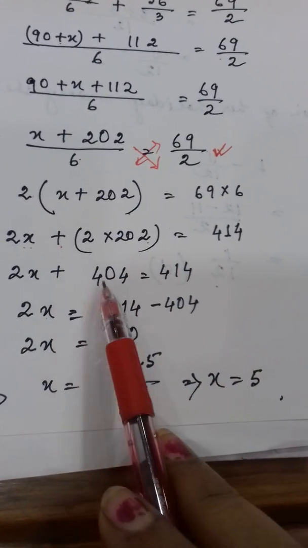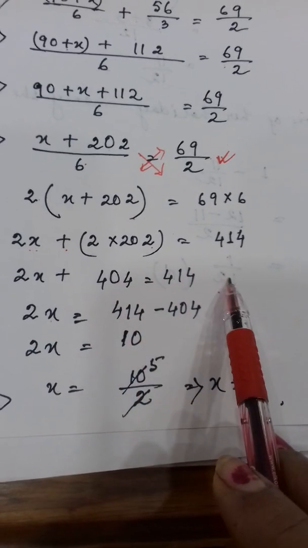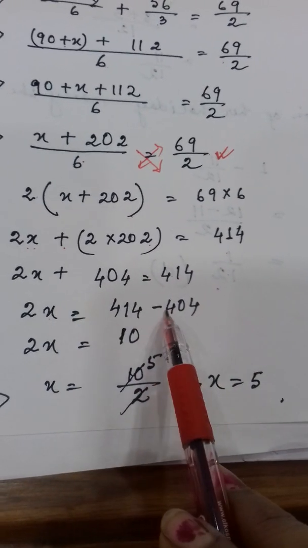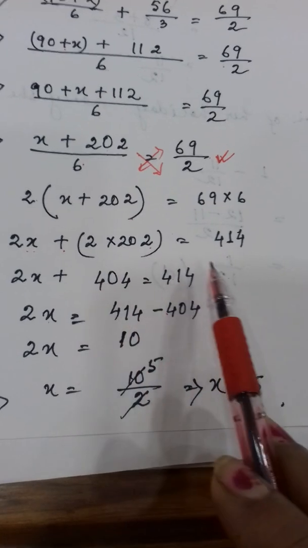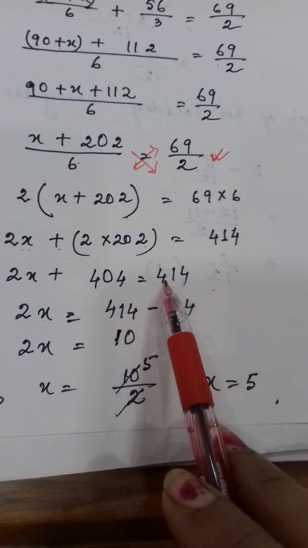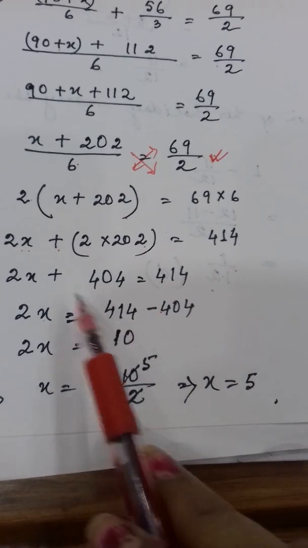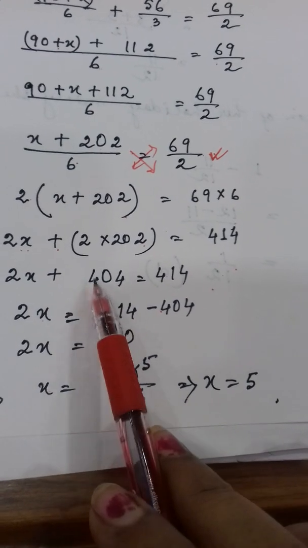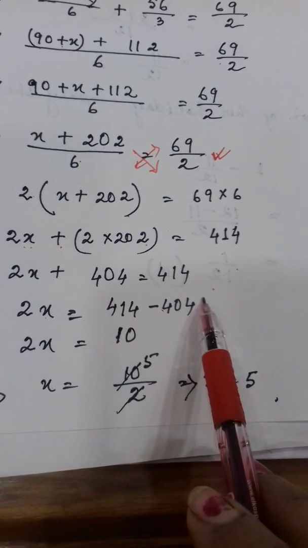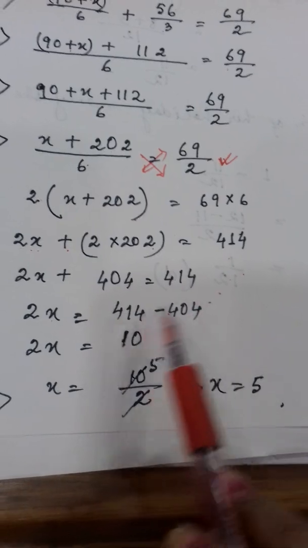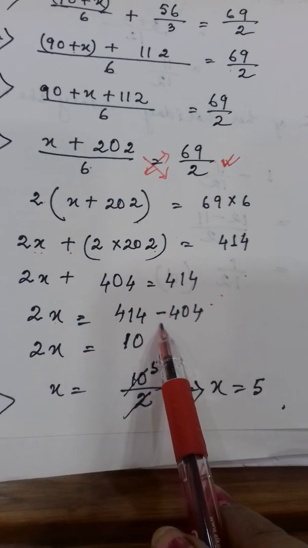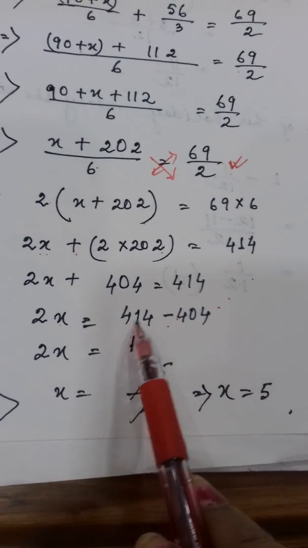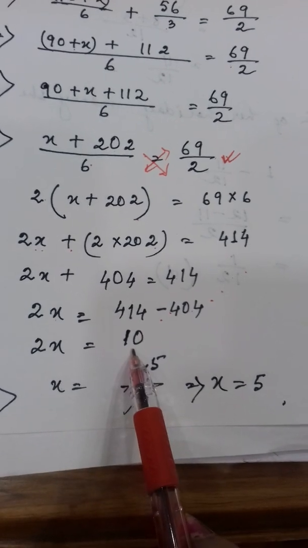That means it's plus 404. When you change it to the right hand side, it will be minus, and you will write it in the next place. First here 414, now plus 404 you are changing to the right hand side. It is known as transposition. Now this plus will be minus. Clear? So after doing subtraction you have got 10.